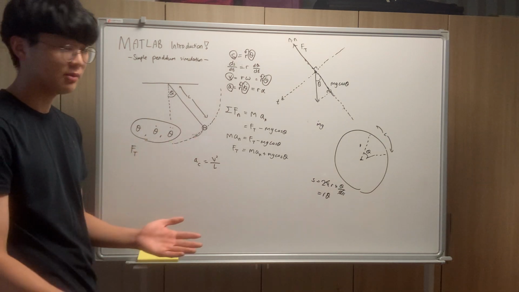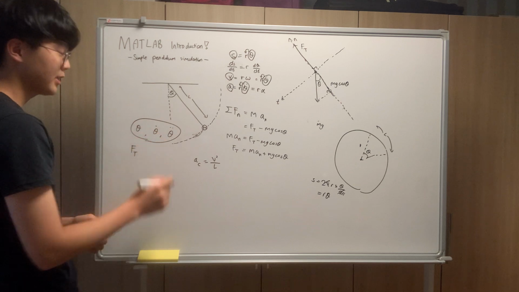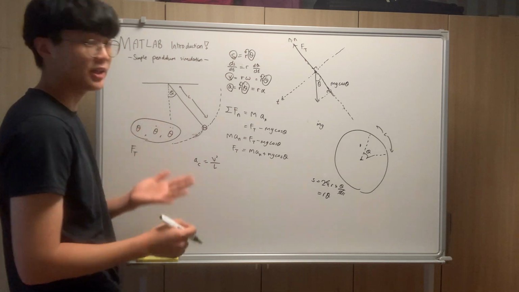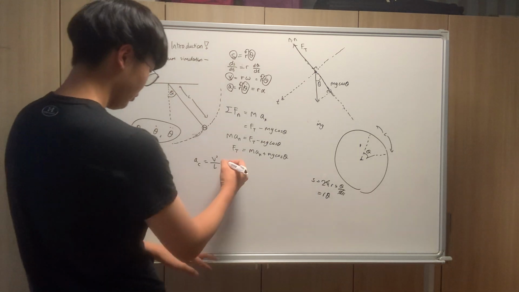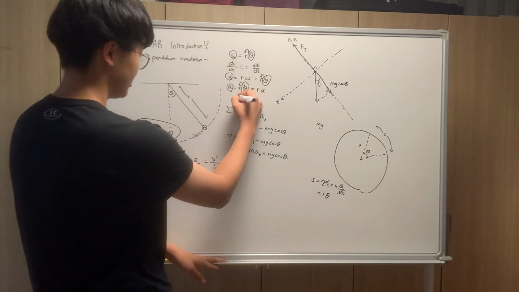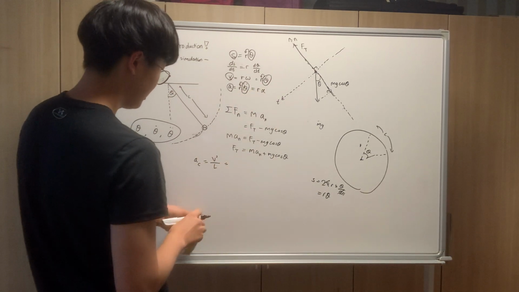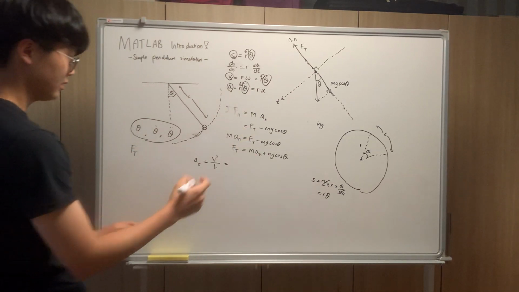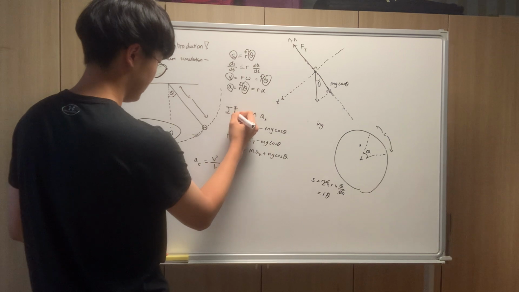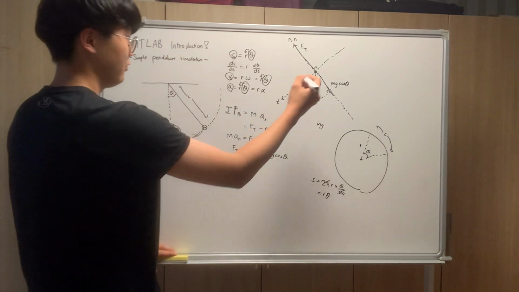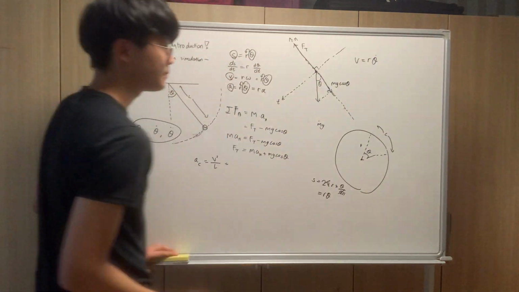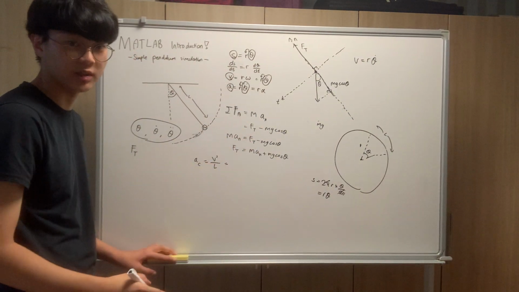It's basically the same thing, but representing everything in terms of the same variable looks cleaner, let's say. So we have v here equal to r times theta prime, or theta dot.